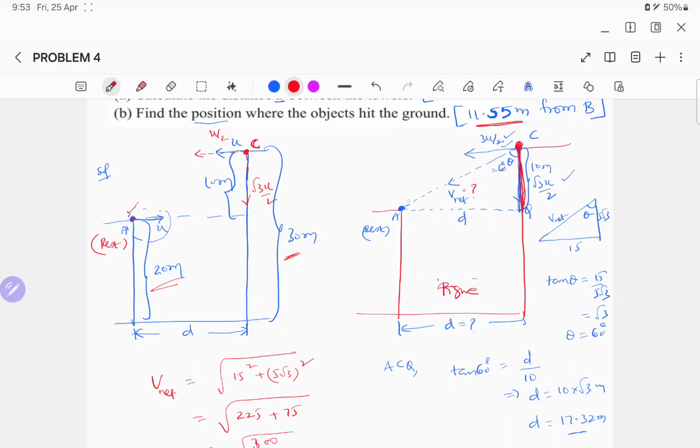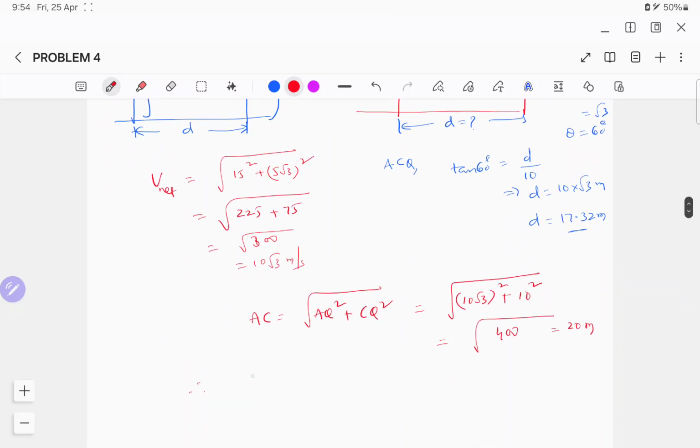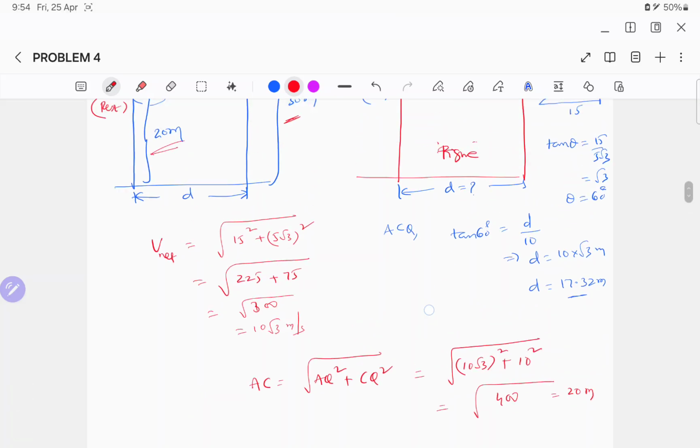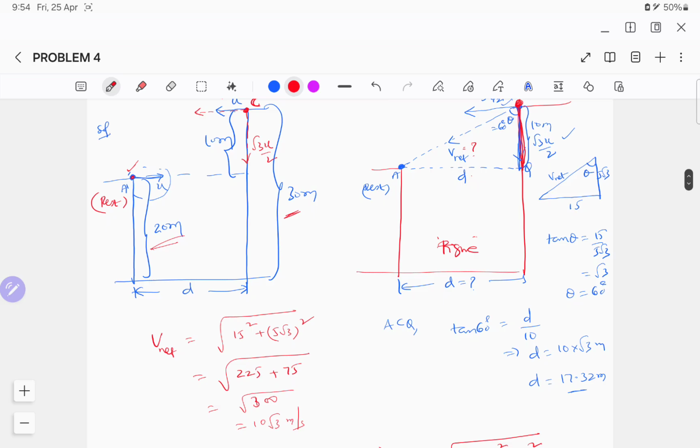Now how much time would this particle have taken to meet A or collide with A with the help of net velocity along this line length, which is 20 meter? Obviously, there is no relative acceleration between the two projectiles, because each projectile has its own individual acceleration, which is equal to gravity g. So one feels the other's motion as uniform motion; the relative acceleration is 0.